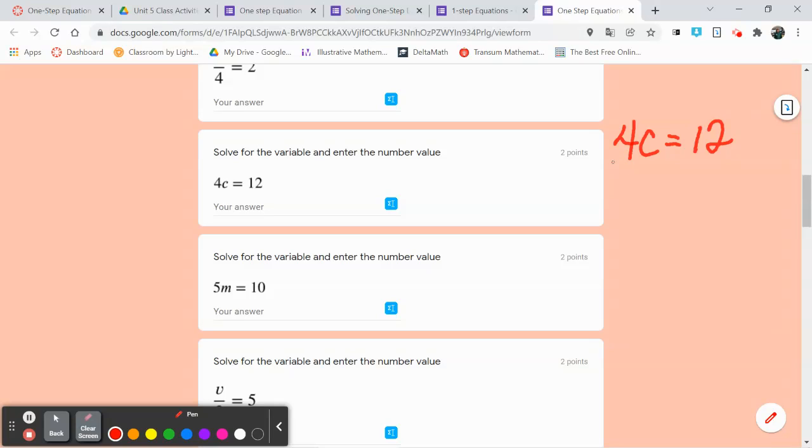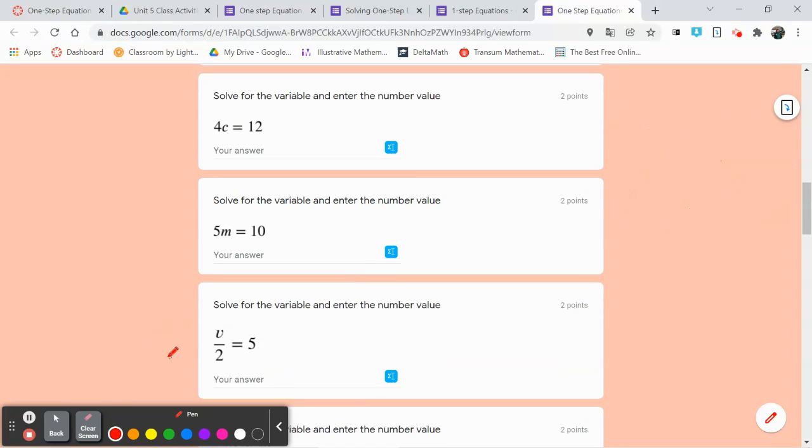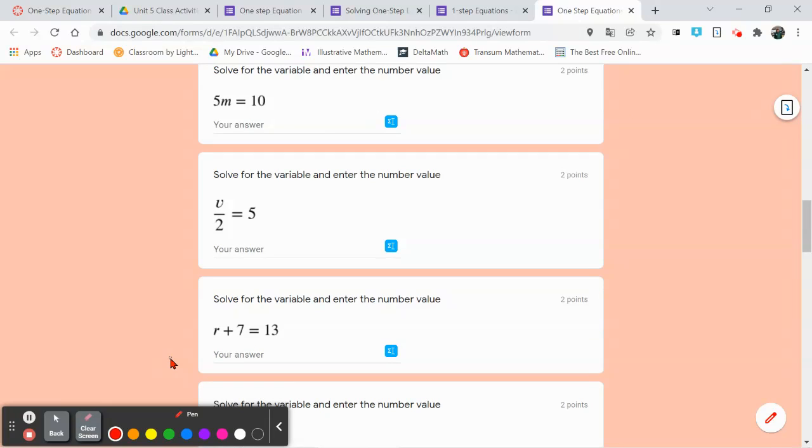We show that with the fraction line. So I'm going to divide both sides by the number that's with the letter. You always use the number with the letter. Okay, when I divide this out, it gives me 1C, or C equals 12 divided by 4 is 3. Okay?